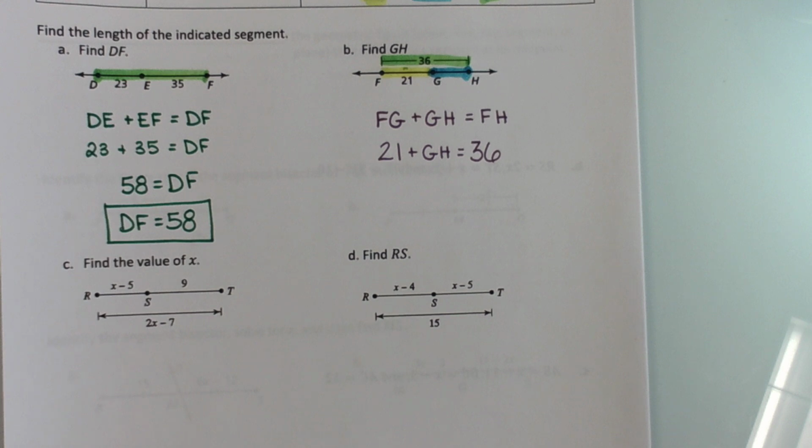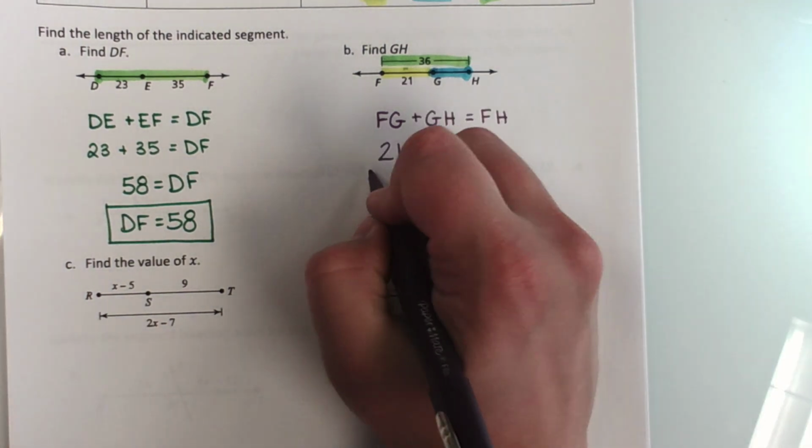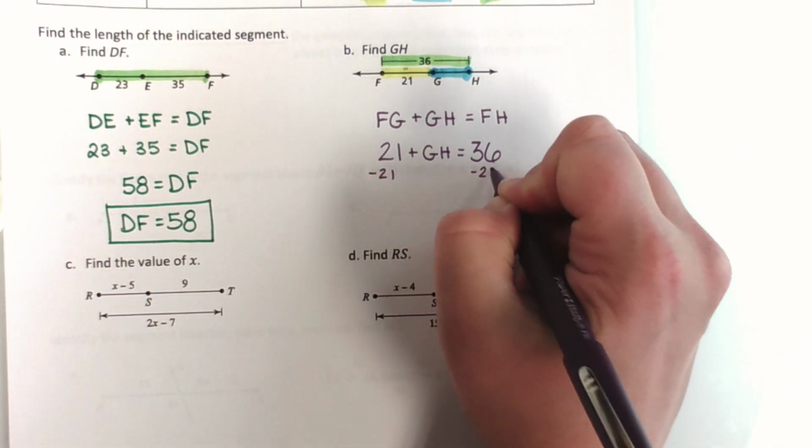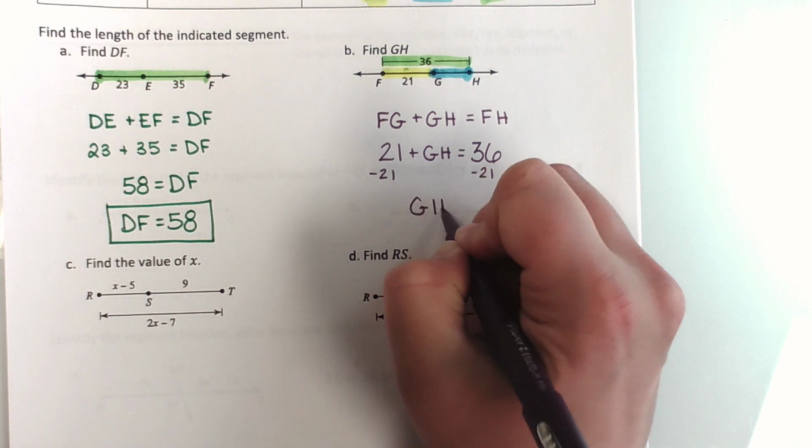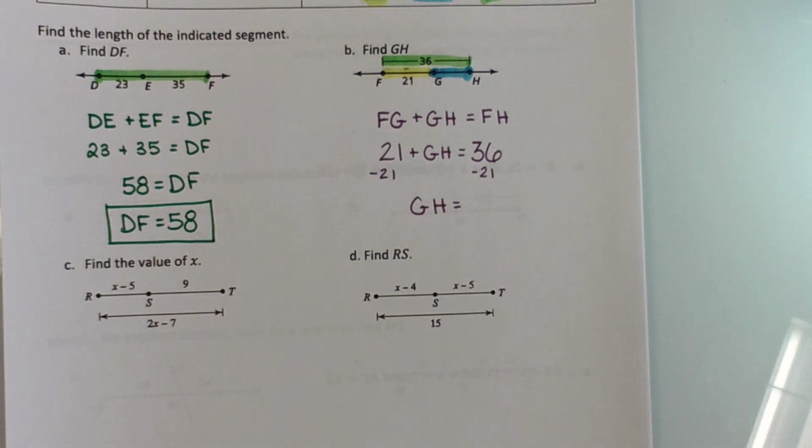So FH was 36. And if I have an equation like this, and I want to get GH alone, how do I move the 21? Subtract it. I already heard someone say it earlier, and you are 100% correct. I always write it out though, just to make sure we're all on the same page. 36 minus 21.